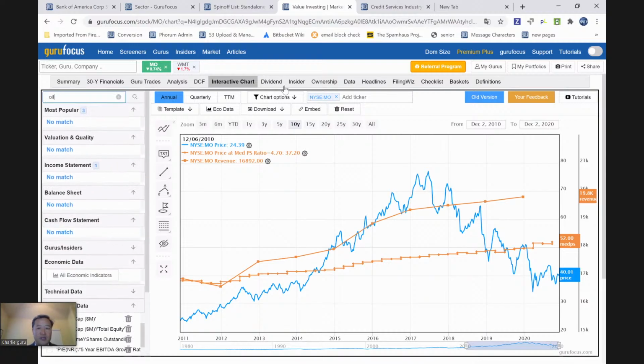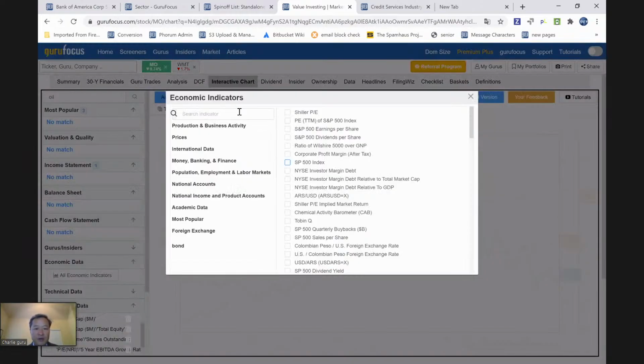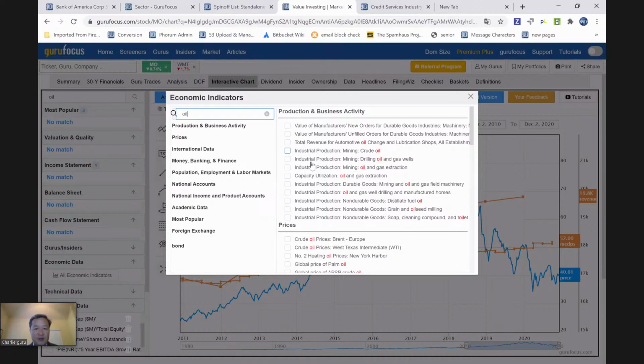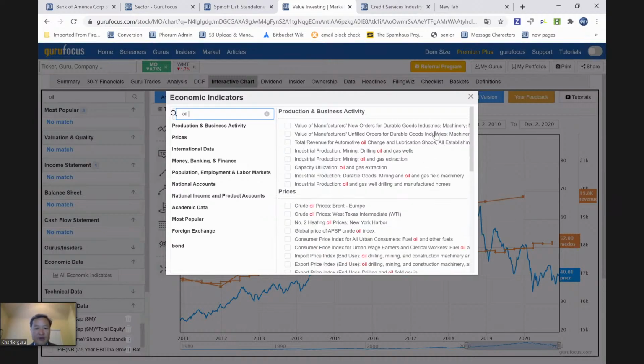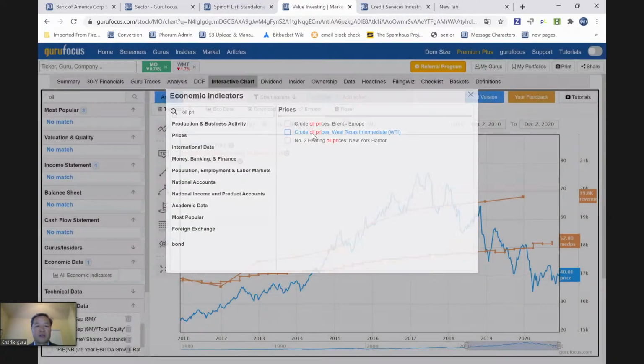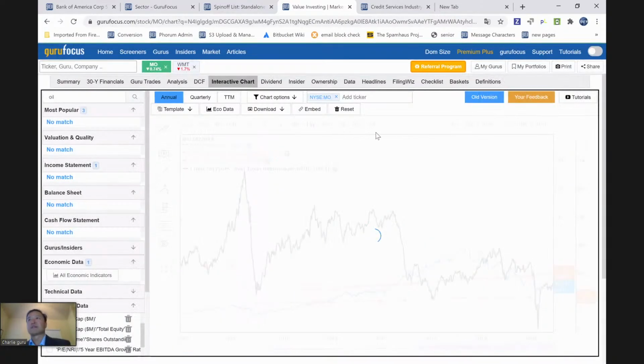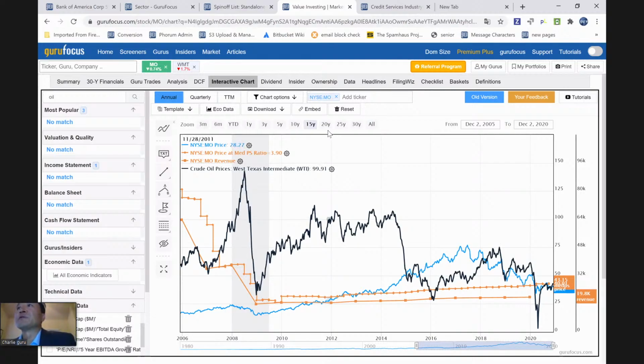Okay, I'll check this again. I think here, click on here. If I try to put oil price to it, oil price, yeah, crude oil price. So you can add all the economic indicator data to it too. It's a very, very powerful tool we use.